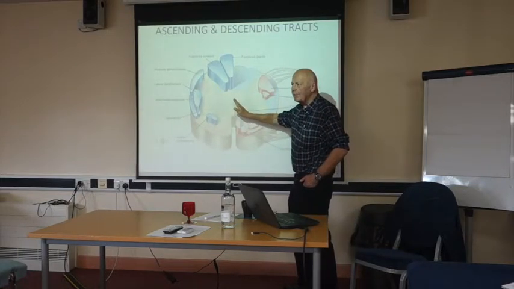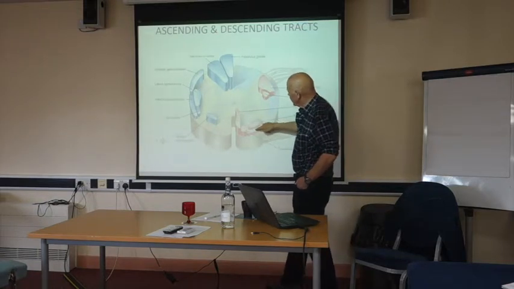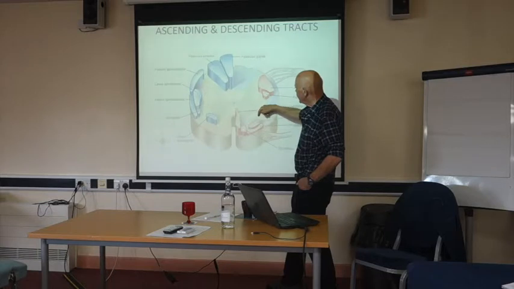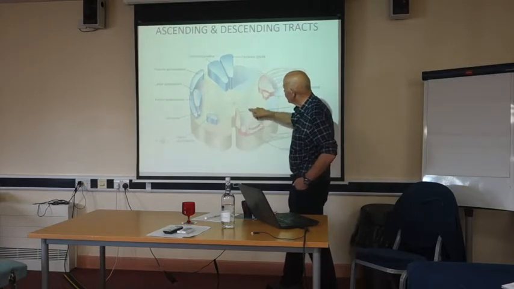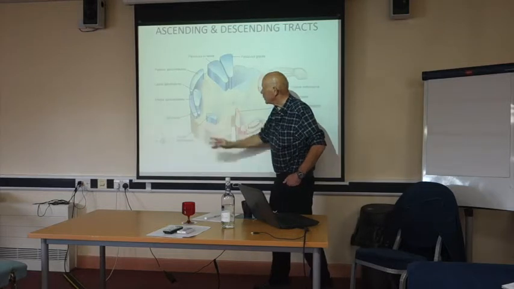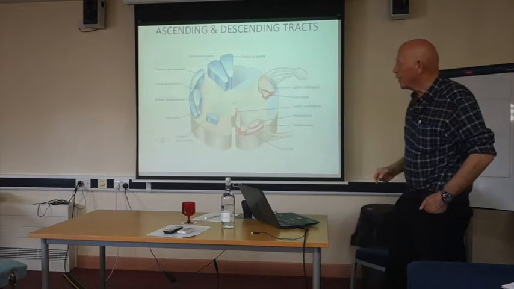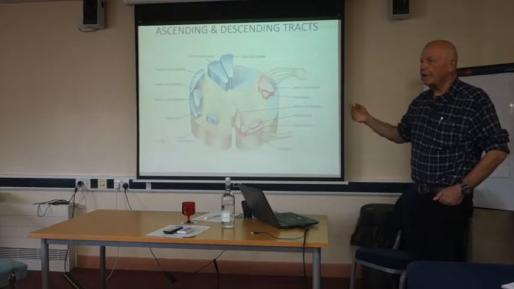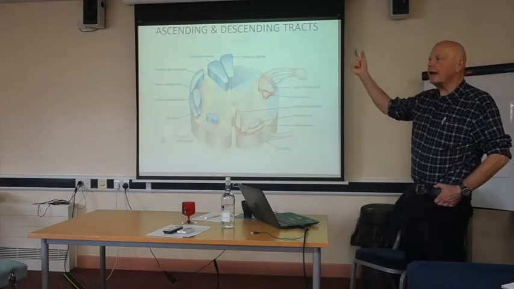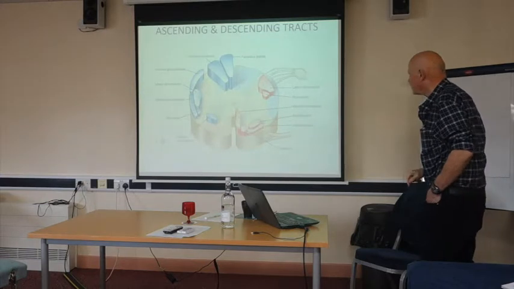You've got the same, a symmetrical arrangement, but it's just these ones have been highlighted as being the motor side of it, the descending ones, and these ones are kind of flaked out there, and the reverse on that side. There is a kind of sense, though, that if you think of a front-back split to the spine, the ascending stuff goes up the back, and the descending stuff goes down the front, to an extent.